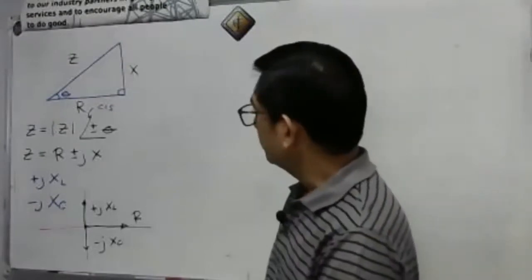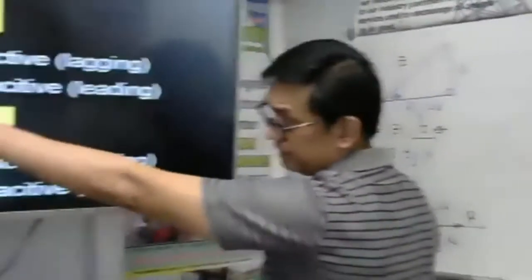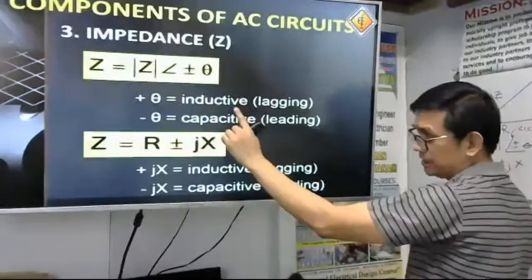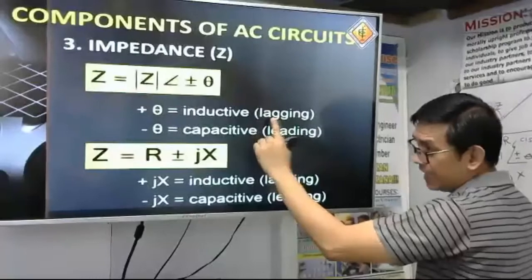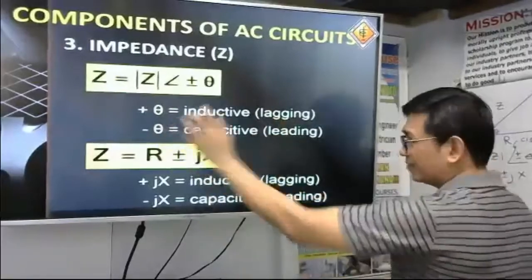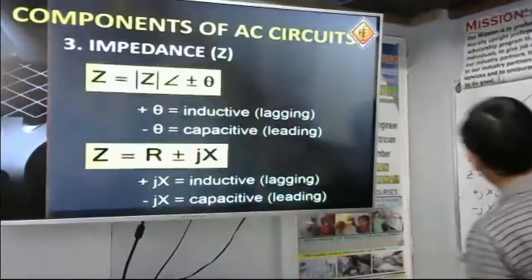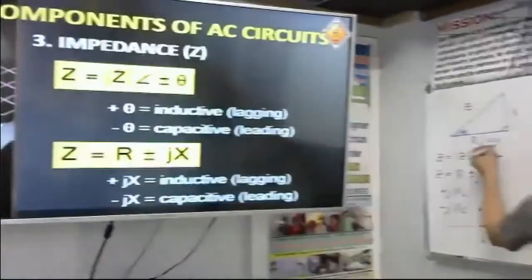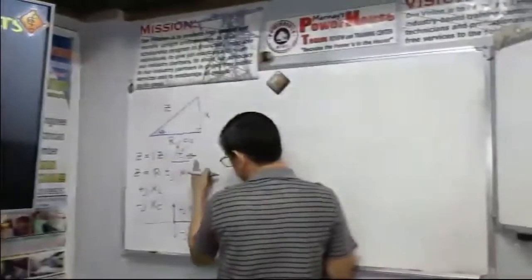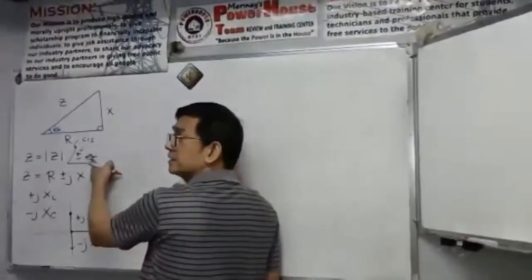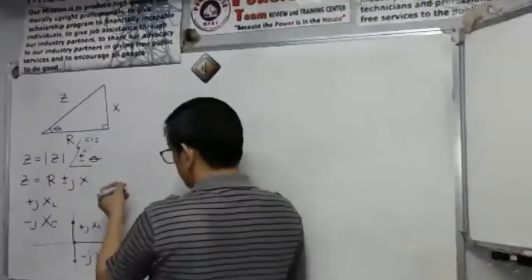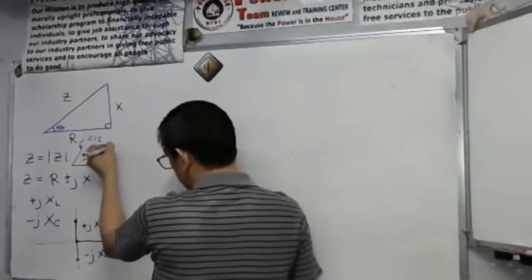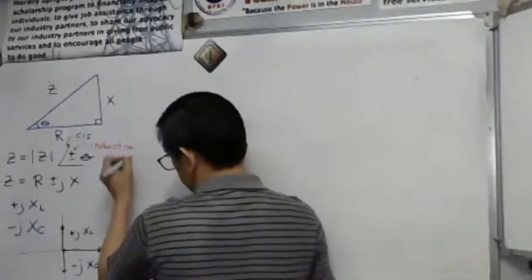Okay, so if we have a positive theta, from the Greek alphabet theta, we mean inductive or lagging. We will discuss later what is inductive and what is leading. For now, if we mean positive theta, we mean inductive.